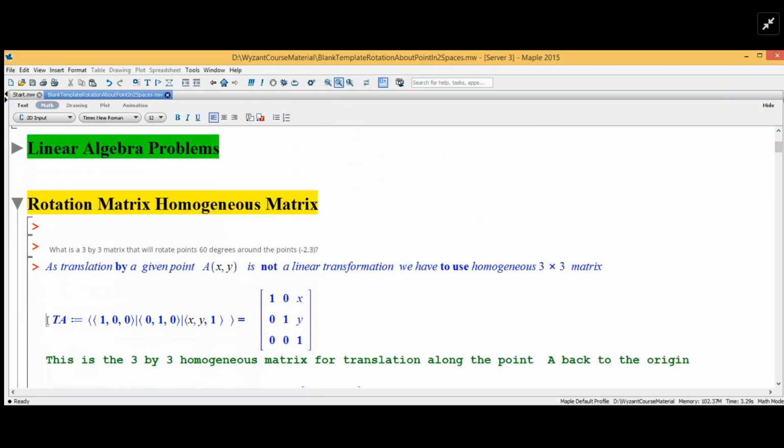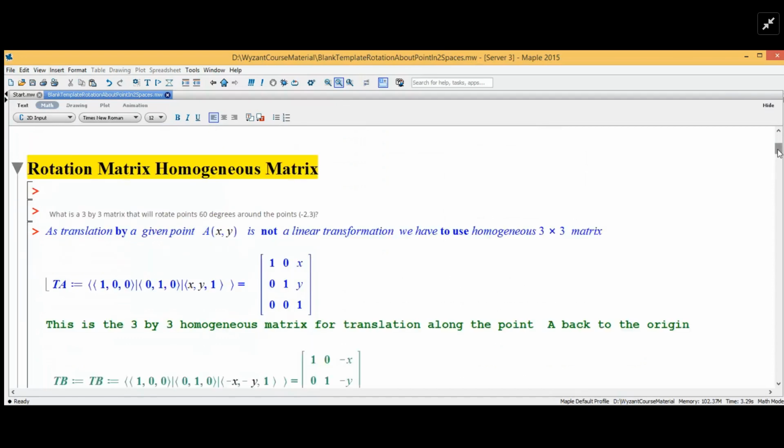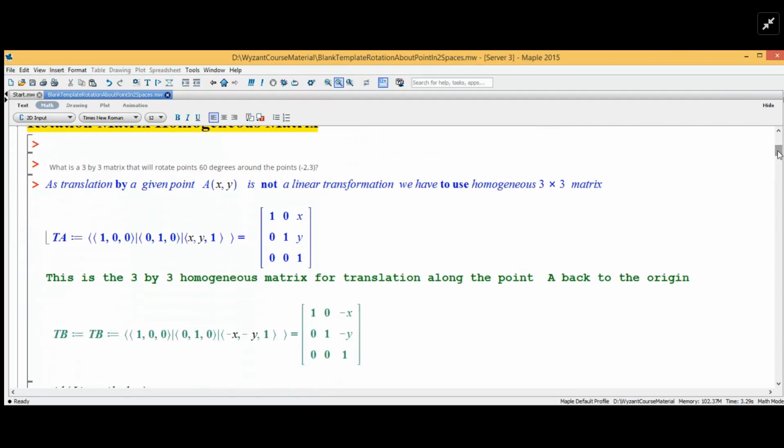So translation along the point (x, y) can be represented by this 3 by 3 matrix: 1, 0, x; 0, 1, y; and 0, 0, 1. And since we're at it, we also need the 3 by 3 homogeneous for translation along the point A, but back to the origin. That's pretty straightforward: 1, 0, minus x; 0, 1, minus y; and 0, 0, 1.